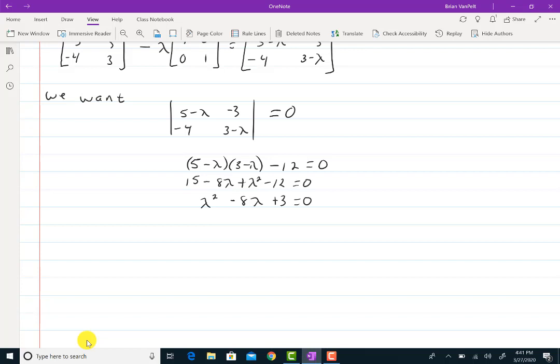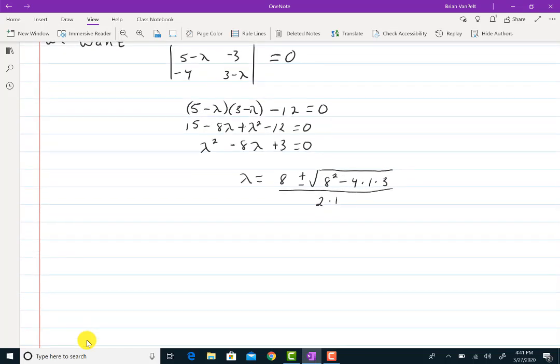I don't know how to factor this, so immediately I'm going to go to the quadratic formula. So I've written it all out in case you have forgotten this beautiful little formula.